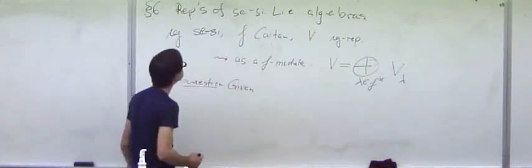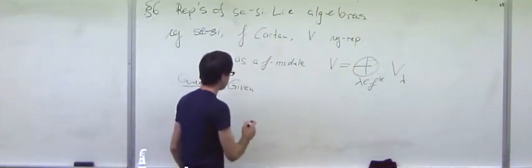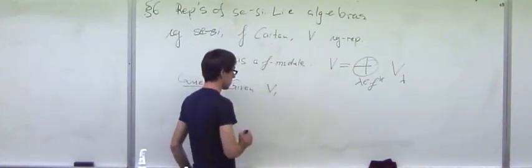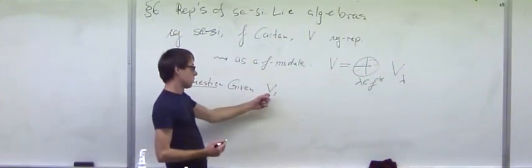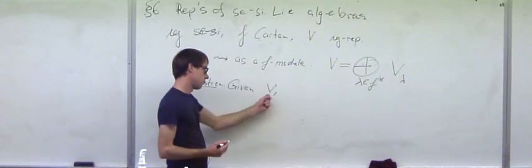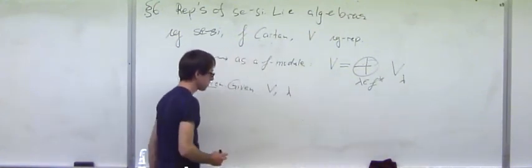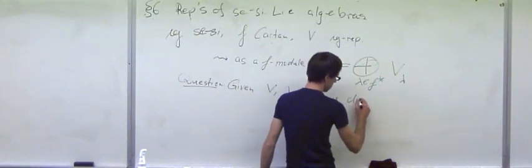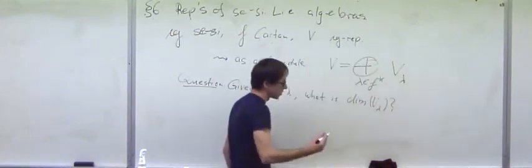Given all the data above, G, H, V, usually in a discussion G and H are fixed, and then additionally we are given a representation and a weight lambda. What is the dimension of the corresponding weight space?